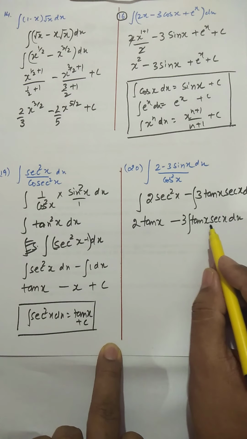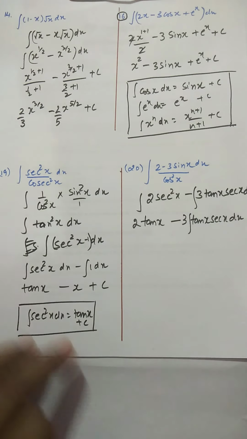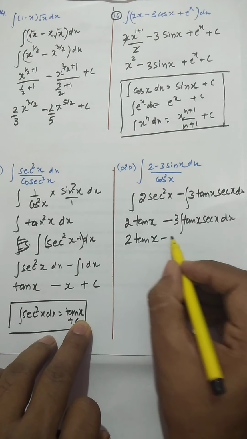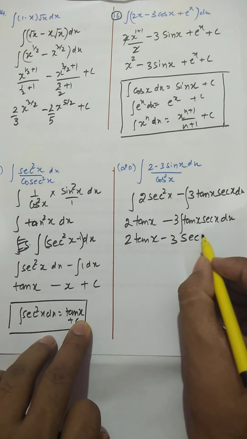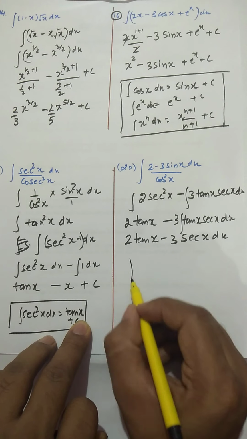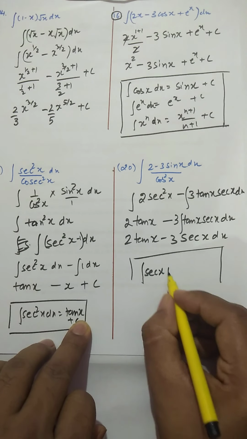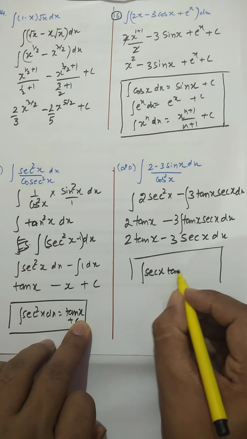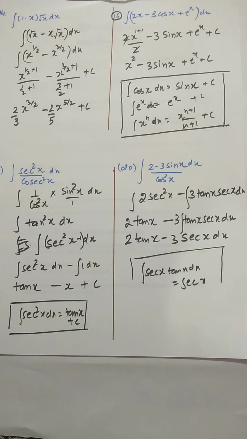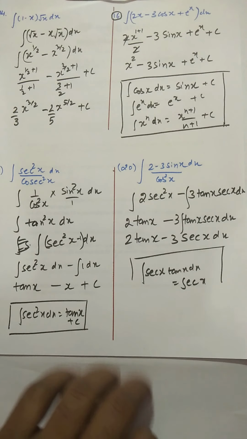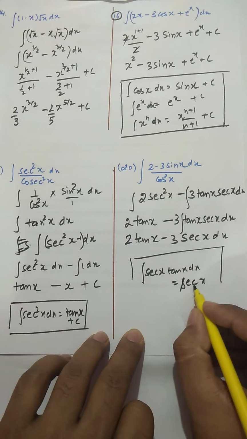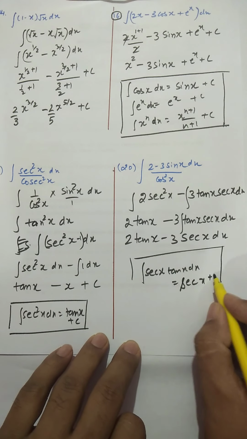So this is the formula: the integration of sec x into tan x is sec x. So the answer is 2 tan x minus 3 sec x plus c.